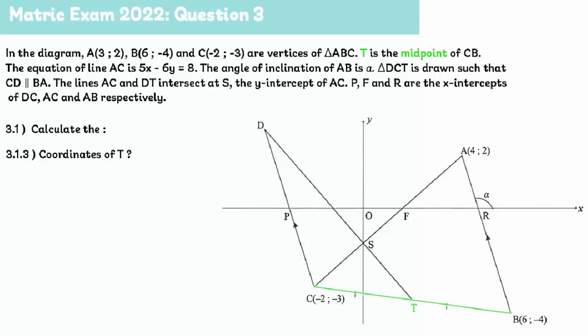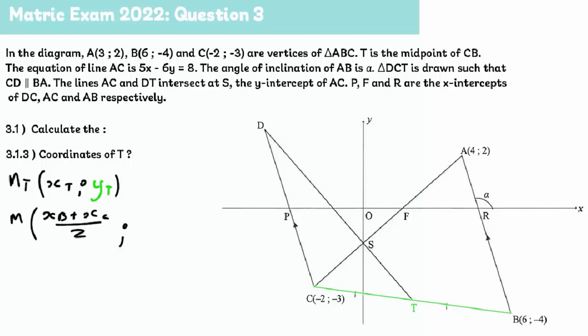Question 3.1.3, calculate the coordinates of T. What is T? T is the midpoint of line BC. The midpoint will be some value of x for T and some value of y for T. How do we calculate the midpoint of B and C? It'll be x of B plus x of C over 2.